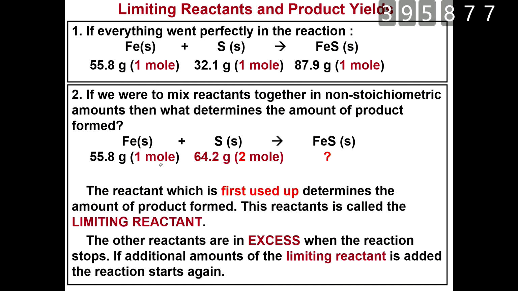For example, in this case, 1 mole of iron reacting with 2 mole of sulfur will only give 1 mole of the product. Only 1 mole. It's not 2 mole, because the amount of the product is decided by this one. This is the limiting reactant.